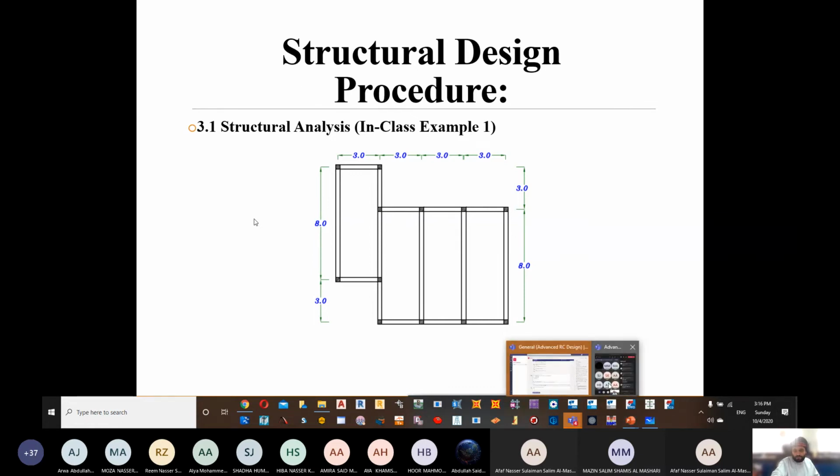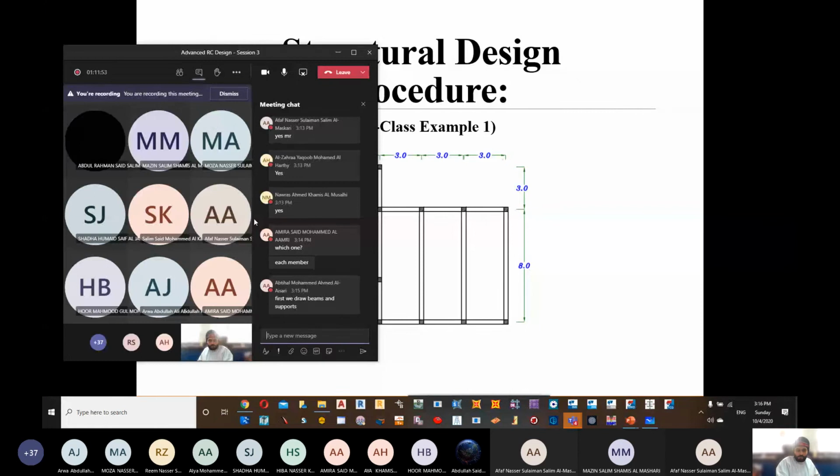How will you draw the bending moment diagram for this?